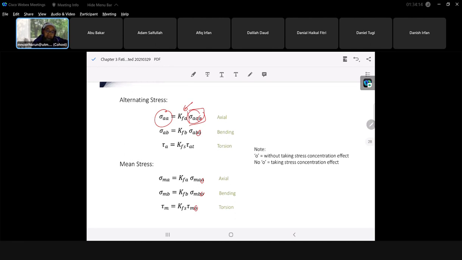So this A, if you look at this A, alternating. In front, sigma, how to read A. Actually you can use any symbol. So this A used for alternating. Another A, axial.